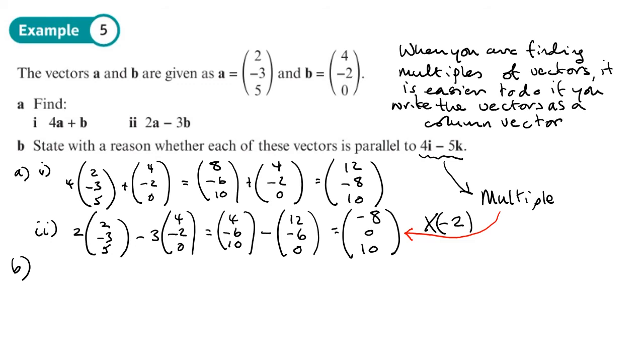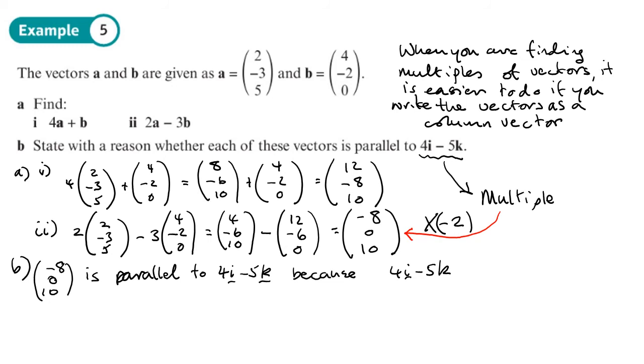So my reason would be that -8, 0, 10 is parallel to 4i minus 5k because -2 times 4i minus 5k equals that vector, which is written as a column, okay, and you know that they are equivalent.